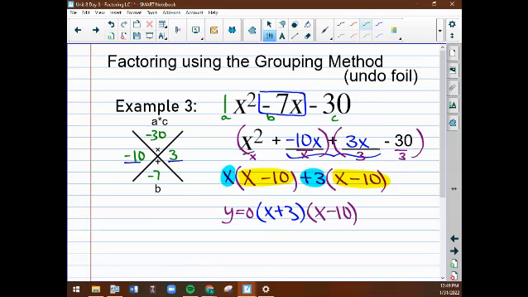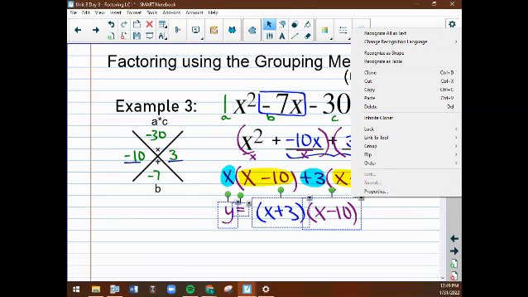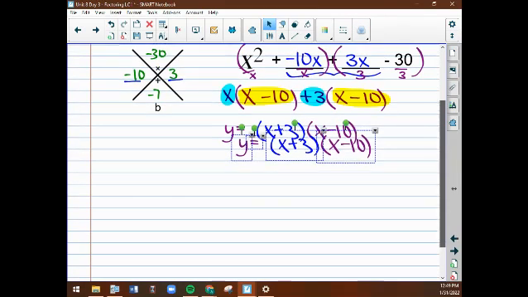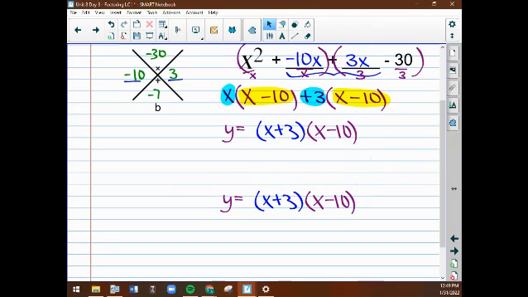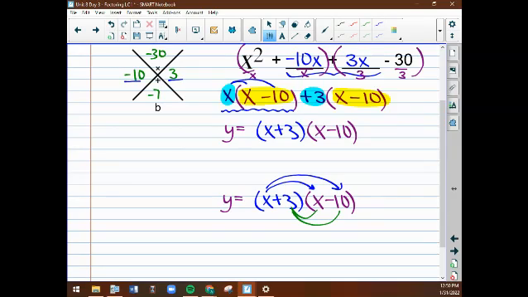If you think about FOILing these, like what we did before, this is why it's called the undoing FOIL method. In order to multiply, I do x times x and then x times negative 10. Well, isn't that exactly what this is right here? And then I do 3 times x and 3 times negative 10.